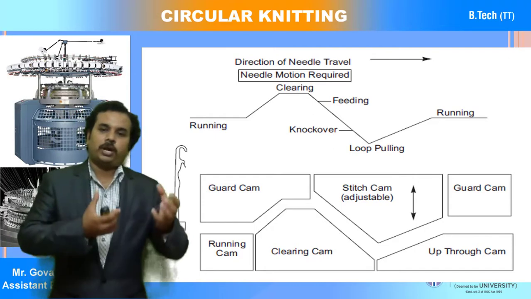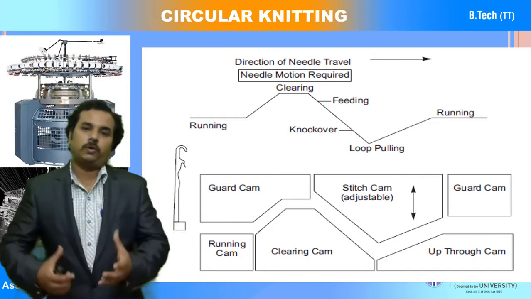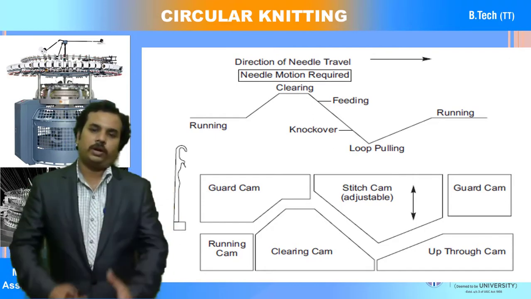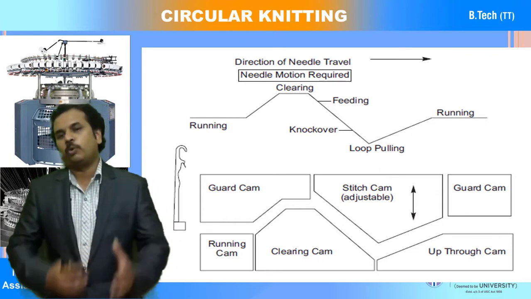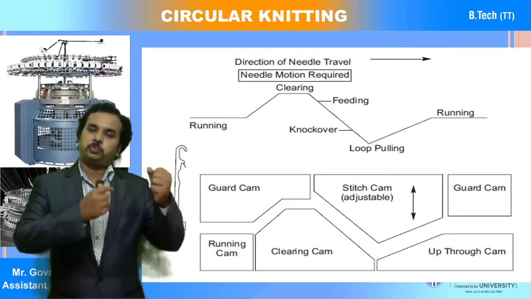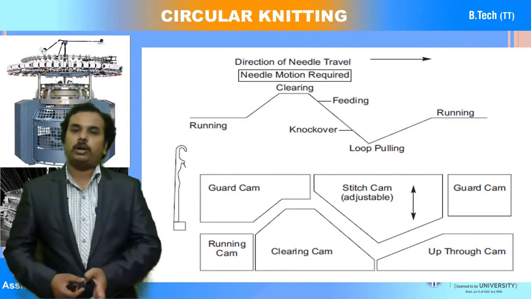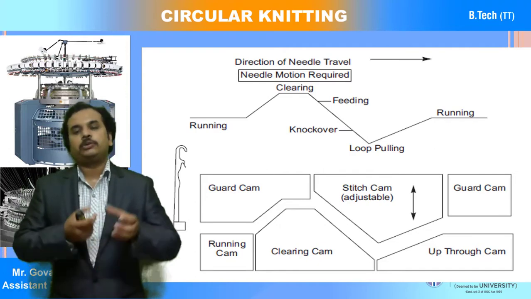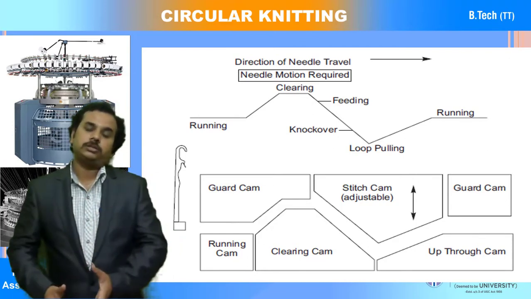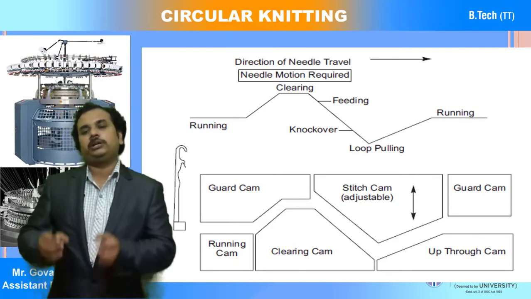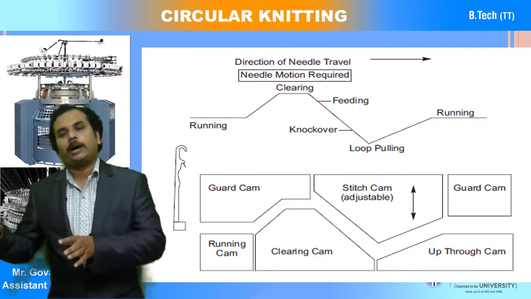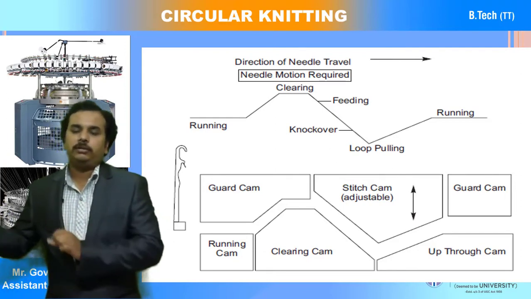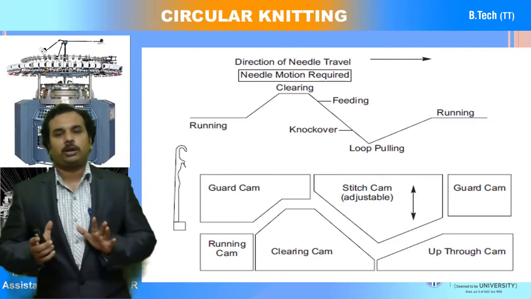The more the needle is lowered down, the more the knocking over, nothing but the needle is pulling more. After the new yarn is fed to the hook, the loop length is going to be increased. After the loop formation, it goes into the up through cam and running, and then it continues.